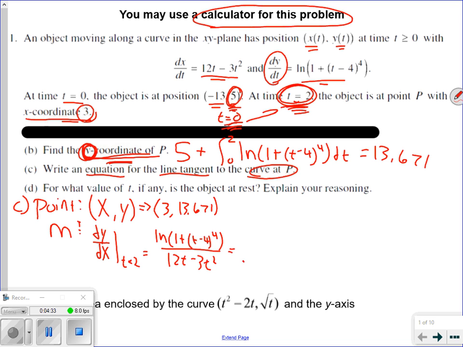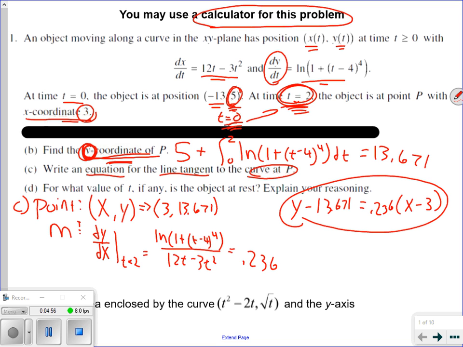And I'm getting in the calculator 0.236. So my tangent line is going to be y minus 13.671 equals my slope, 0.236, times x minus 3. Okay? So that's how you do a tangent line, right?